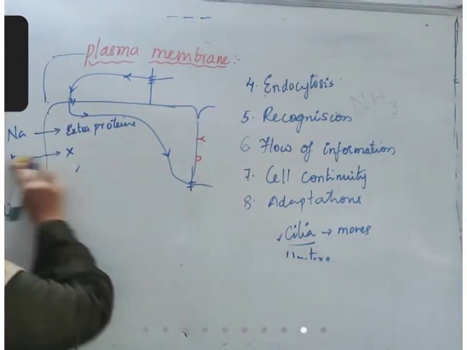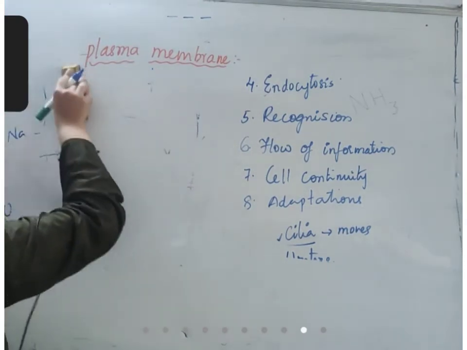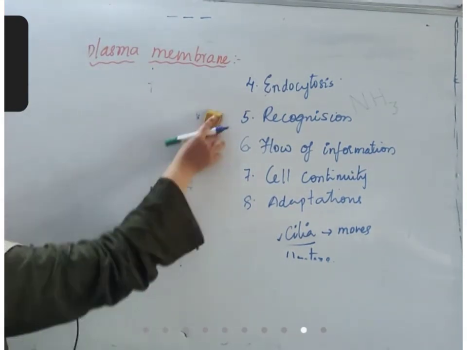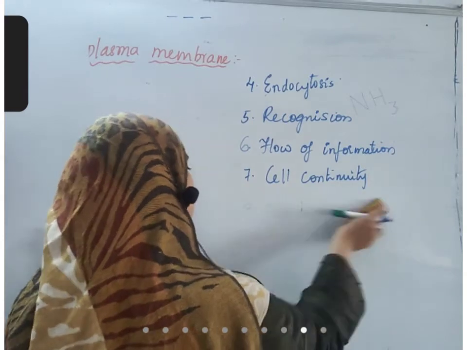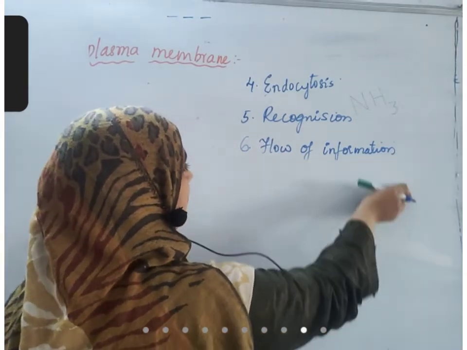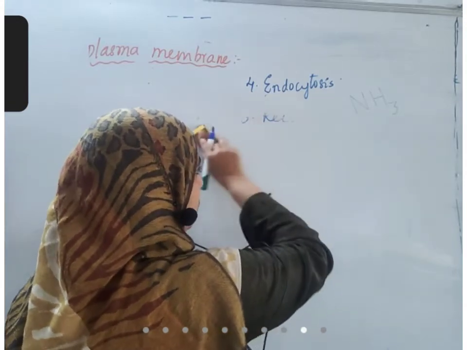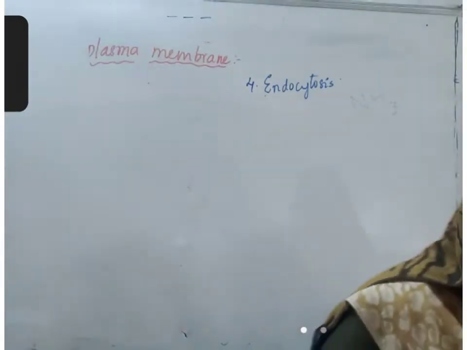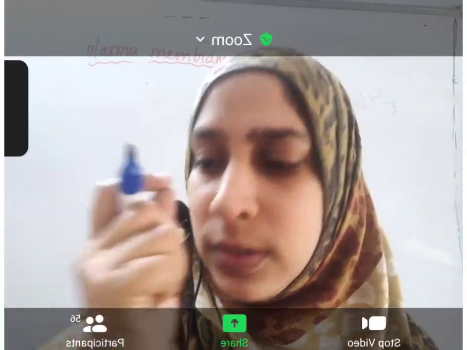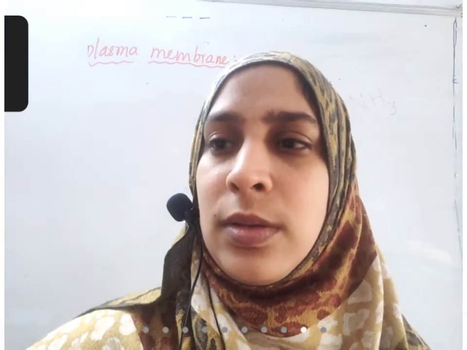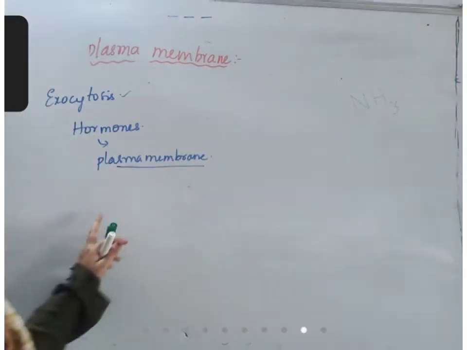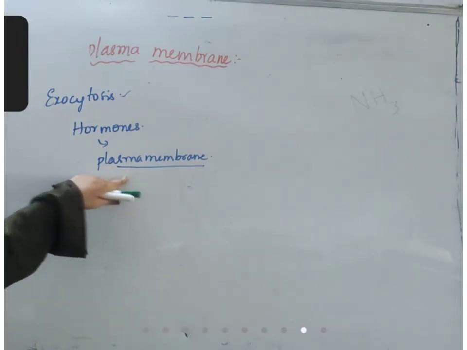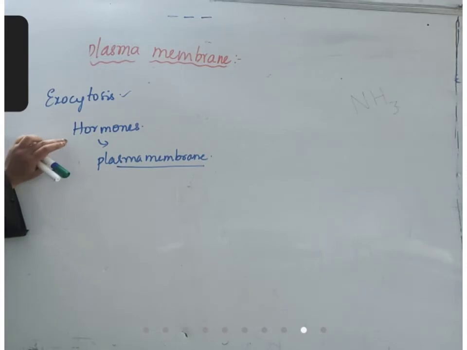It cannot perform endocytosis. Exocytosis: I need to think about it. One minute. So we can say that exocytosis is also because of plasma membrane only. The flexibility of plasma membrane helps in excretion and secretion of molecules like hormones from the cells.